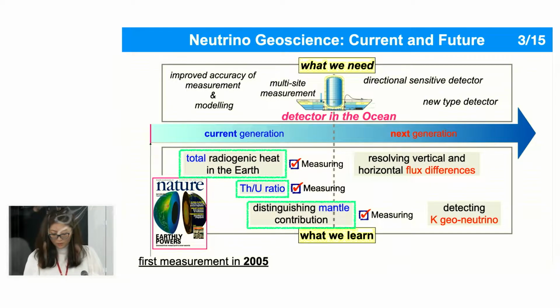With current technology, we cannot measure any directional information of the neutrino, so we need a new type of technology. If we can do that, we can identify the contributions from the crust and the mantle, and also separate the background using the directional information. This is the community's dream: detecting potassium geoneutrinos. Many studies are going on, and we also need a new type of detector.